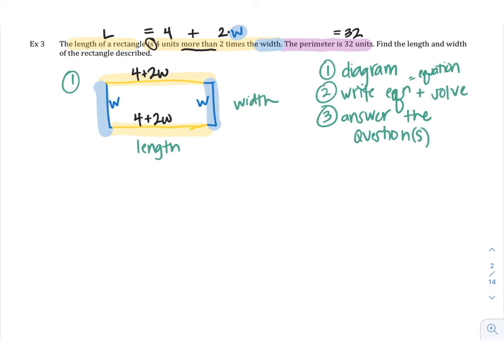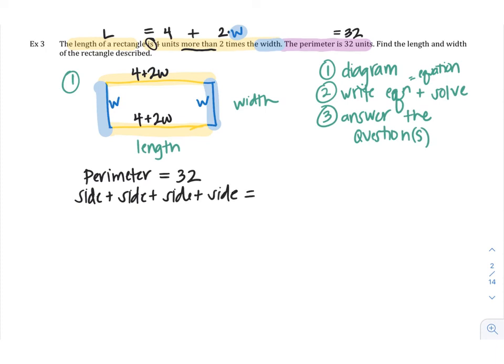I'm going to start with perimeter. Let's talk about what it means again. Perimeter is the sum of all sides, and we know it's got to equal 32. How many sides do I have in this case? I have 4. So I'm just going to write it out in words. Side plus side.